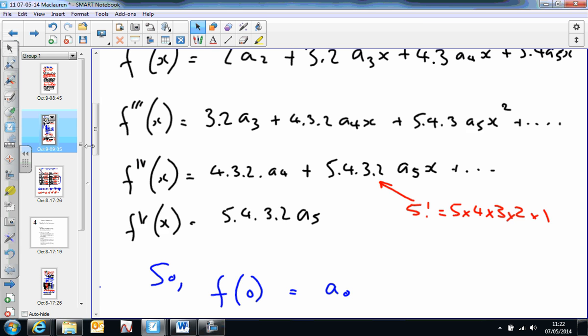So we end up using this factorial notation in Maclaurin instead of having to write 5 times 4 times 3 times 2 or 6 times 5 times 4 times 3 times 2. We use this notation, the factorial notation.